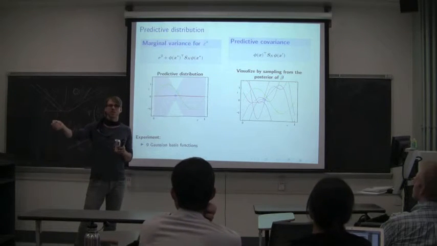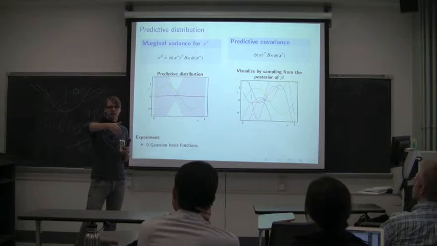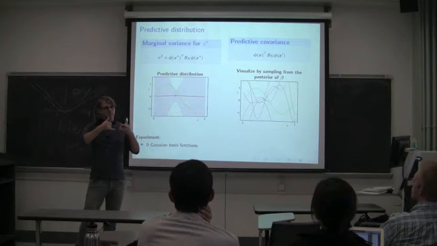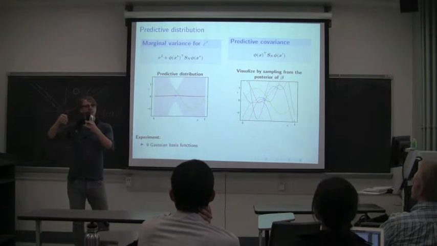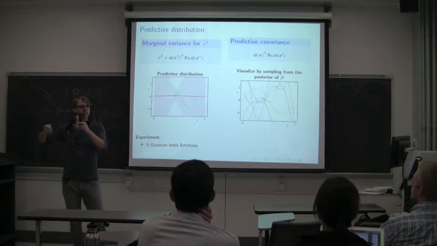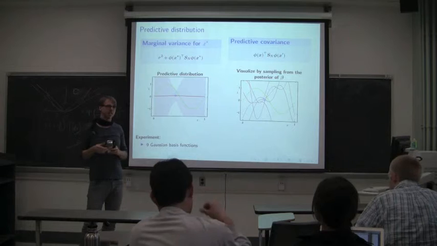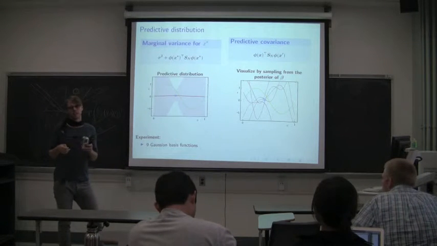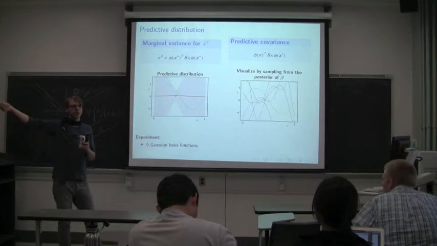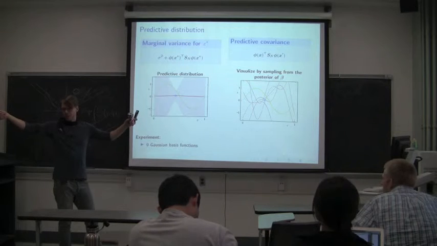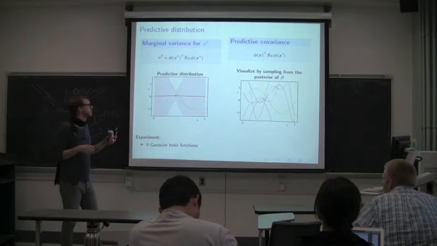If I change one function value, the other one will change in the same way. So large covariance between the function values of two x's means that they go up and down together. Small covariance means that knowing one function value tells you nothing about the other function value.